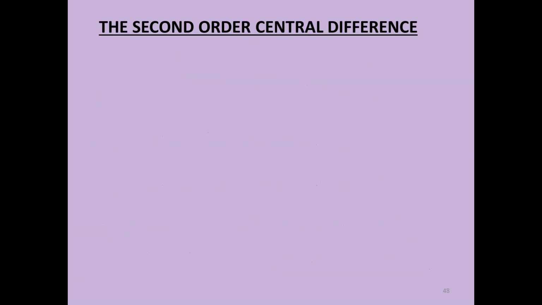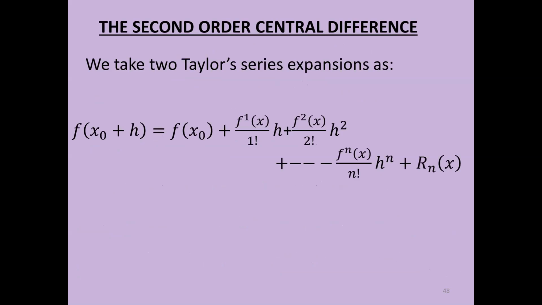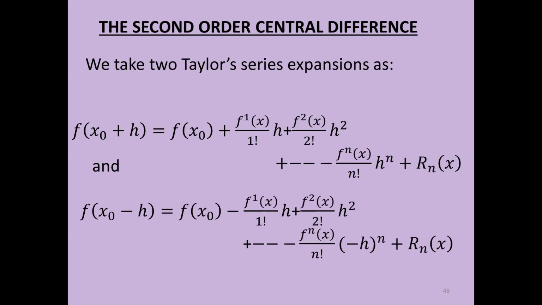Similar to as we have developed the approximation to the first order differential, we have a number of expressions for the second order also. We are going to develop the second order central difference in this slide. For this, we start with two Taylor series expansions, this is the first one and this happens to be the second one.